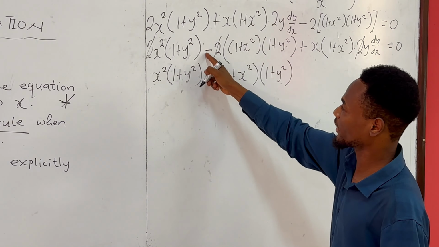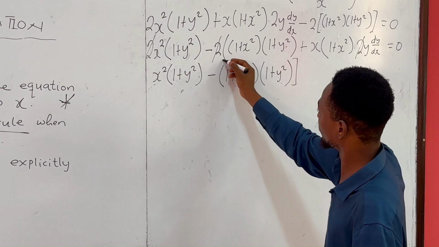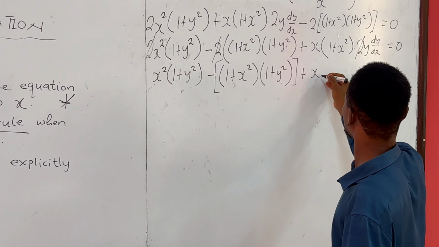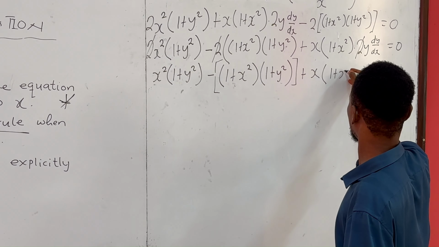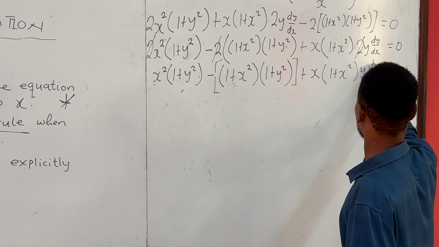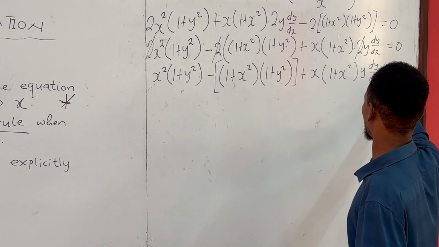Note that the negative is affecting everything here. Then plus half x bracket 1 plus x squared y dy over dx, giving me 0.